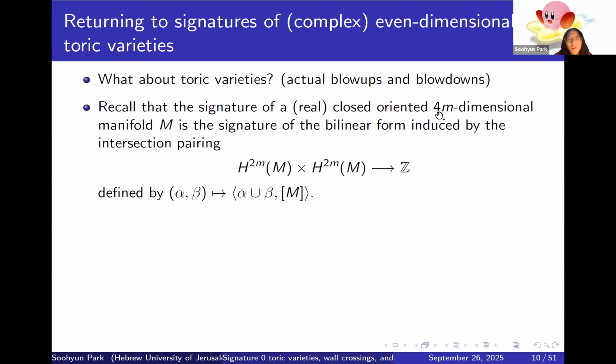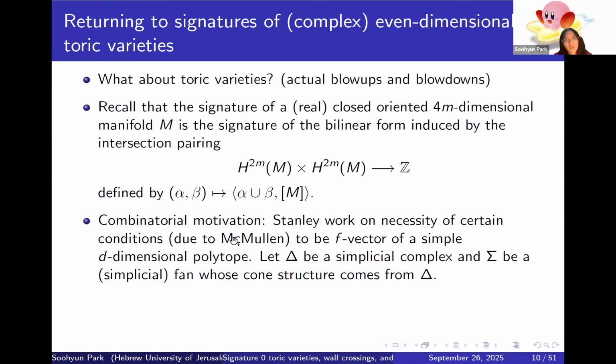And here, note that we're looking at things of even complex dimension, so real dimension is a multiple of 4. The combinatorial motivation for that work was how to characterize f-vectors of simple d-dimensional polytopes. Here simple just means that if you take a vertex, there are d facets meeting there.